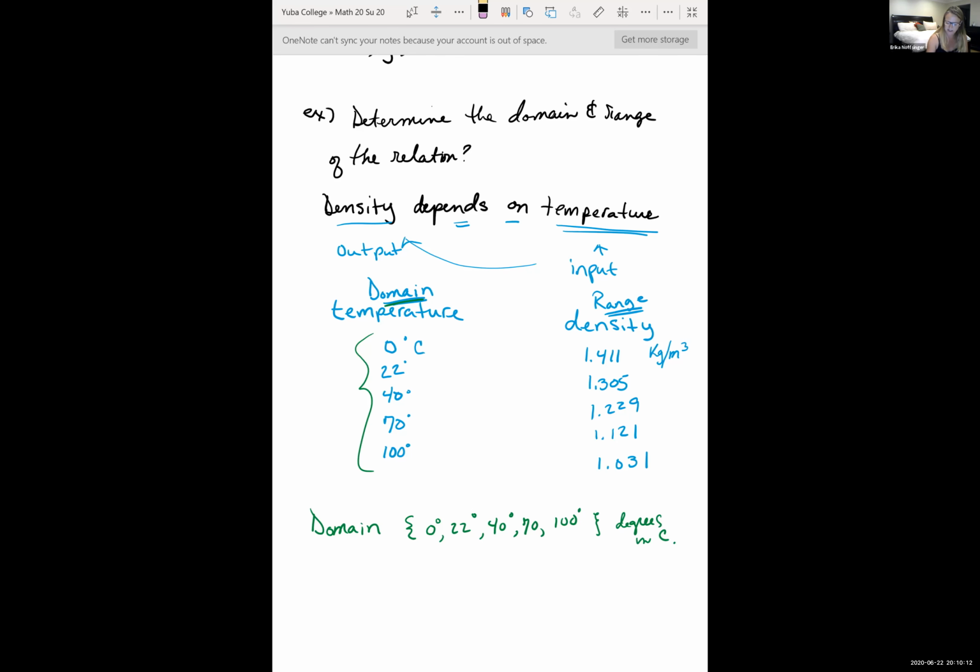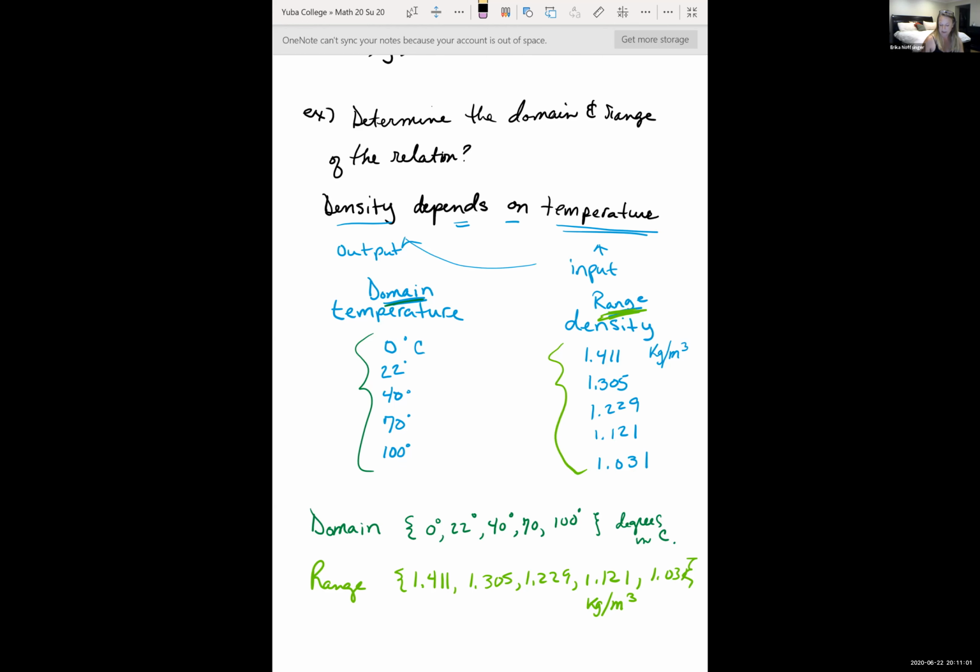And then we have our range, and so our outputs we get back: 1.411, 1.305, 1.229, 1.121 and 1.031. Okay, so that's our domain and the range in that set.